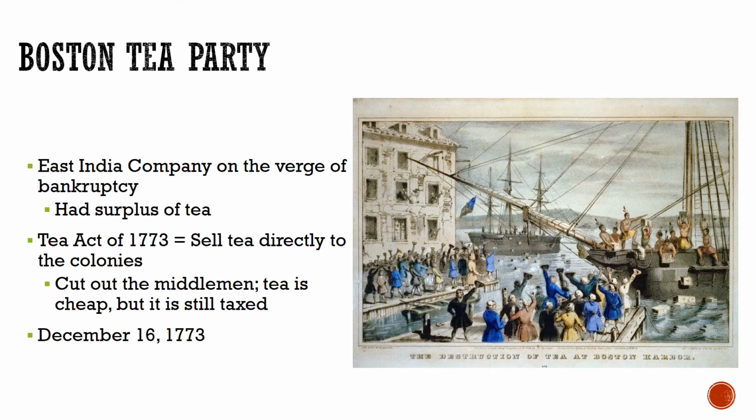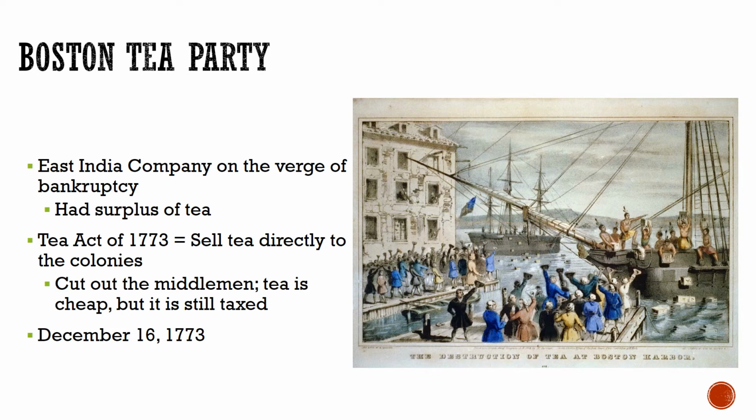And the fear was that if this corporation went bankrupt, it would have a huge negative effect on the British economy. So there's going to be a noticeable effort within the British Parliament to assist this corporation.